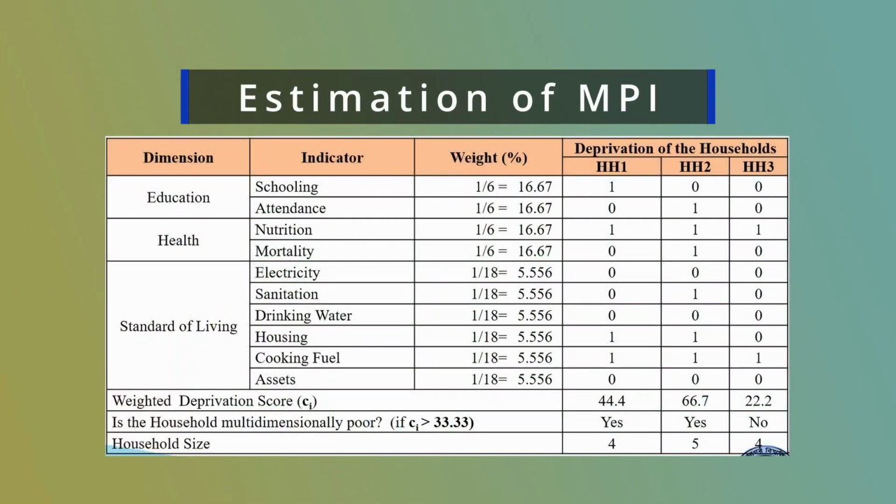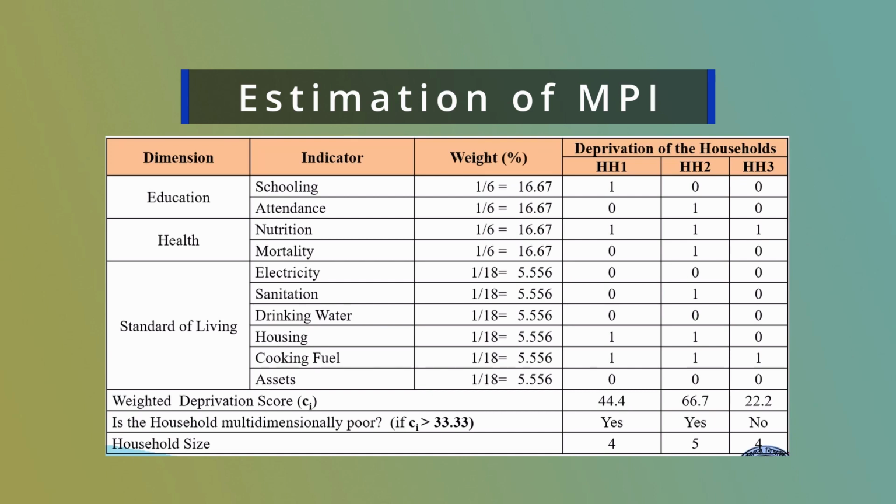If the aggregate deprivation score is higher than 33.33, then we can say that the household is multidimensionally poor. Among these three scores, 44.4, 66.7 and 22.2, the first two are higher than 33.33.